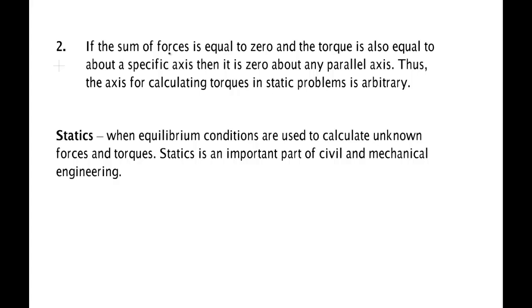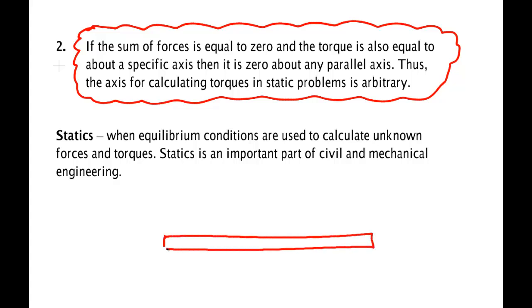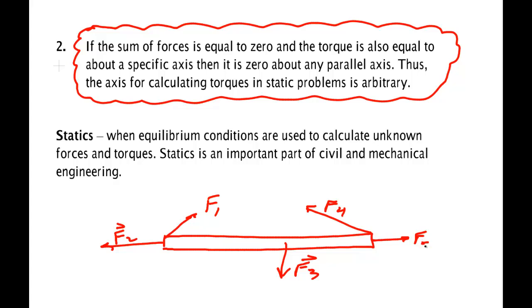Another useful fact to know sometimes is the fact that you can only get 3 independent equations in the 2D problem, but that doesn't mean they have to be 2 forces and a torque. If you have a bridge or something like this, and you have a bunch of forces, F1, F2, F3, F4, F5, and so forth.